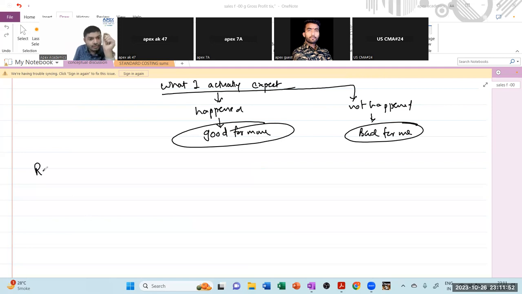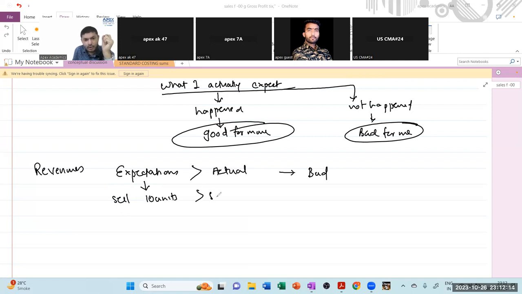In case of revenues, if your expectations are more than actual, it is bad. इसका मतलब ये है कि you are expecting to sell 10 units, but you actually sold 8 units. ये बुरा हुआ. आप एक्सपेक्ट कर रहे थे 10 यूनिट बेचूंगा, और आप बेच के आए केवल 8 यूनिट. ये बुरा हुआ.